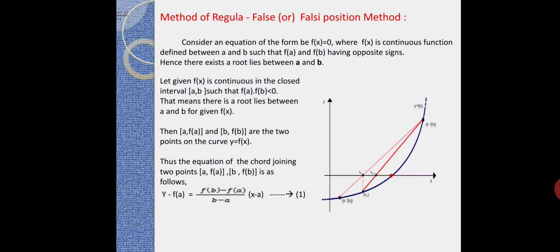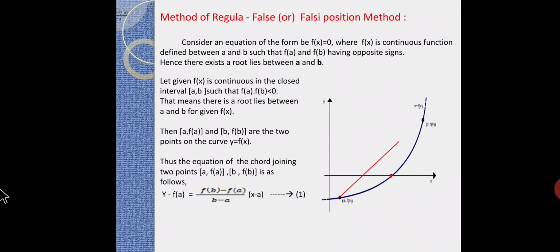Means first we select 2 points a and b such that f(a) is positive and f(b) is negative, so that f(a) into f(b) is less than 0. Hence, there exists a root between a and b. So, the Regula Falsi method is based on the repeated application of the intermediate value property.